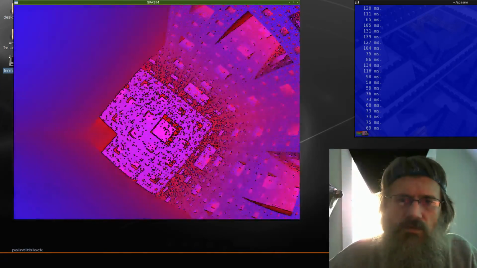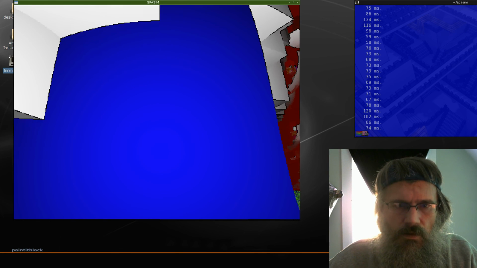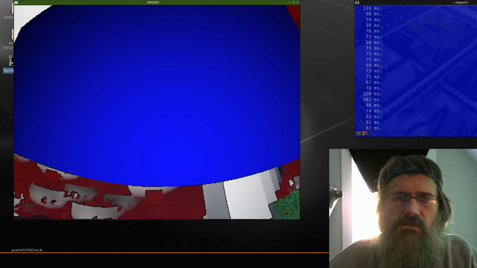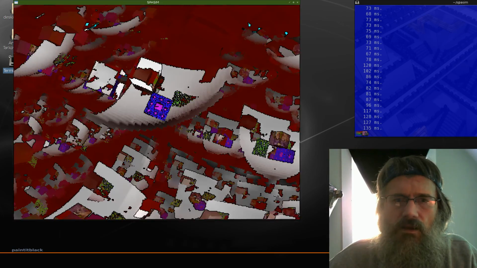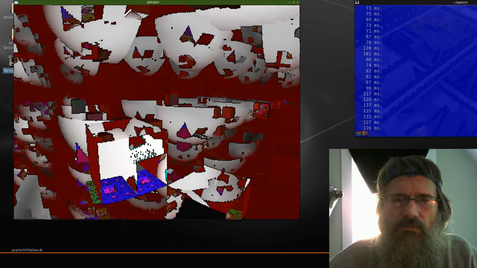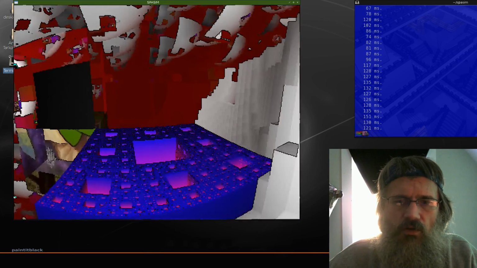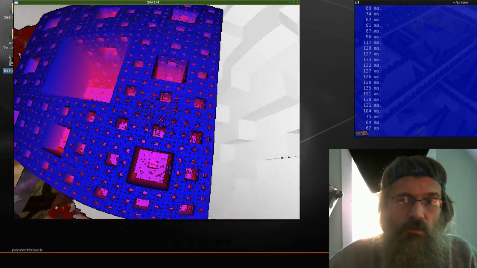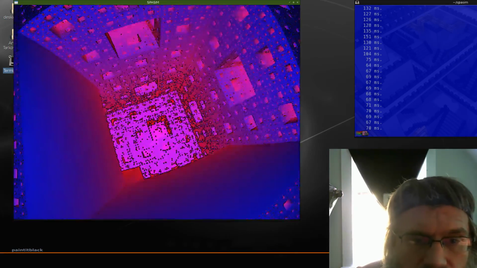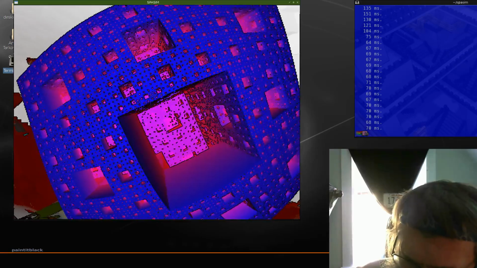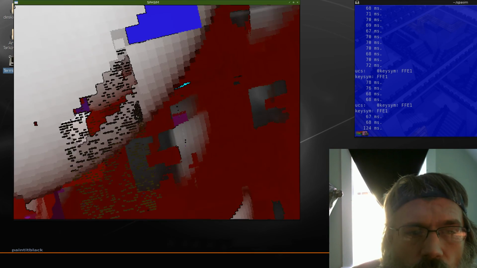If you just take a 3 by 3 by 3 cube of objects, and make it so that some of them point to the whole thing, it's pretty easy to make a Sierpinski cube. And in fact, this is exactly what happens. Wow.